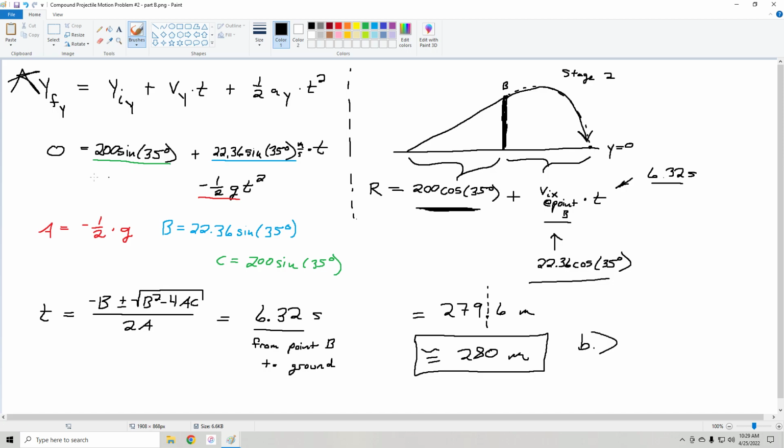And we did the quadratic formula, and we found that there's a positive time that makes sense, and we took that as our answer, 6.32, and we said, hey, the range is equal to the x component of the ramp that it went up plus this piece here. And so if I kind of color code these, this is the green and this is the red. And when we add them together, we get 280 meters.